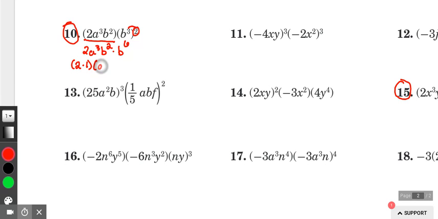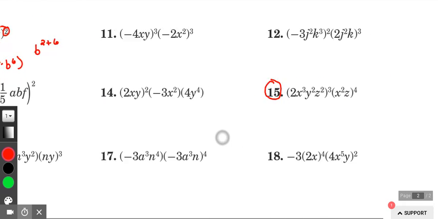A, that's the only a. That a to the third is the only one of its kind. And then the b's. We have b squared times b to the 6. Now remember, when I'm multiplying b's, I have to add their exponents. So 1 at a time, 2 times 1 is 2. A to the third. And for my b's, when I add those exponents, 2 plus 6, that becomes b to the 8th power.